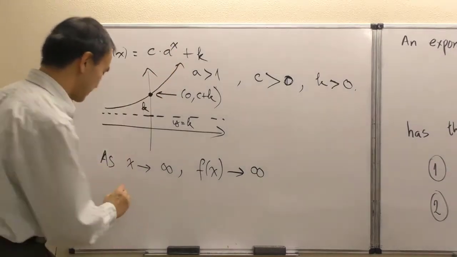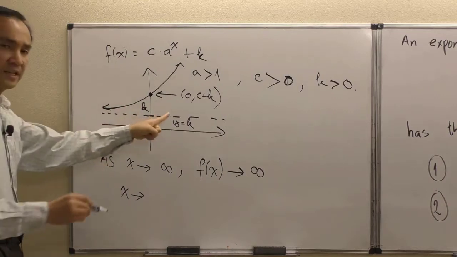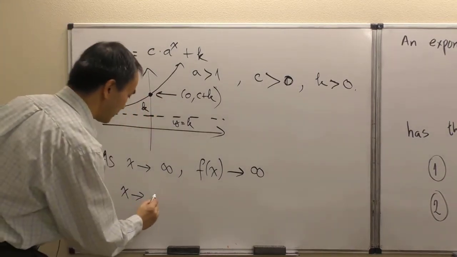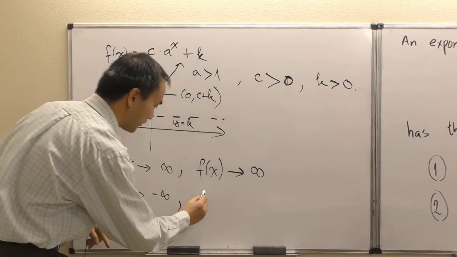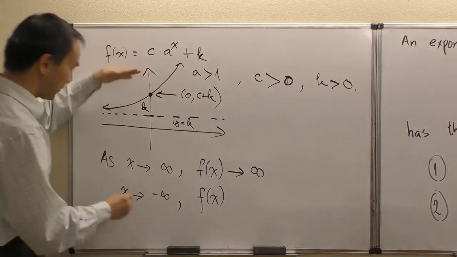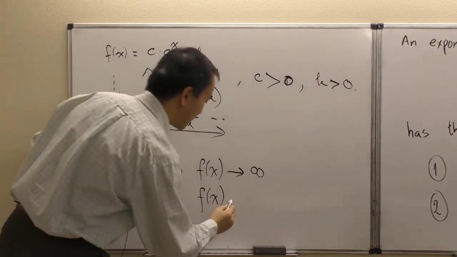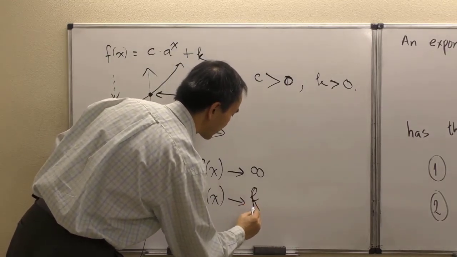And on the left end, as we let x get further and further to the left, on the extreme left of the graph, that means x is approaching negative infinity, then the function value vertically gets close to the line. Generally speaking, the line is y equals k, so it goes to k right here.